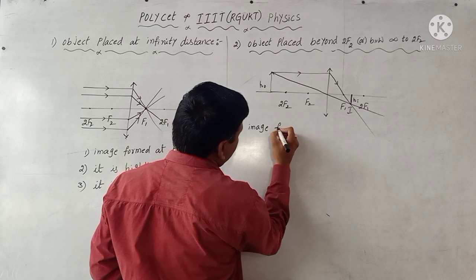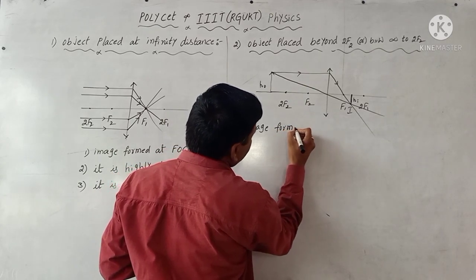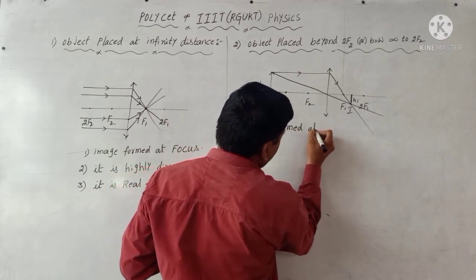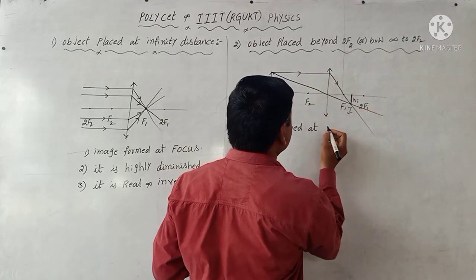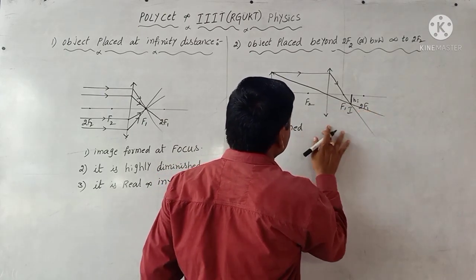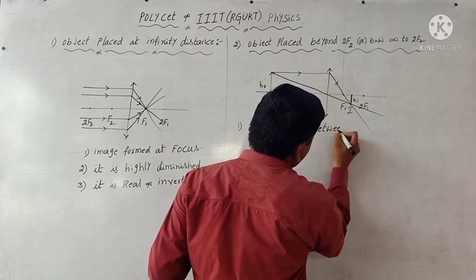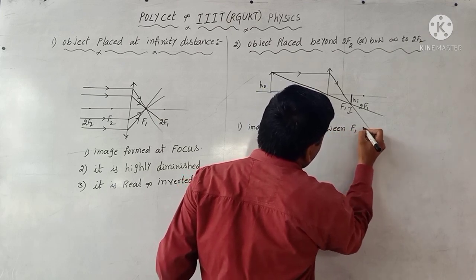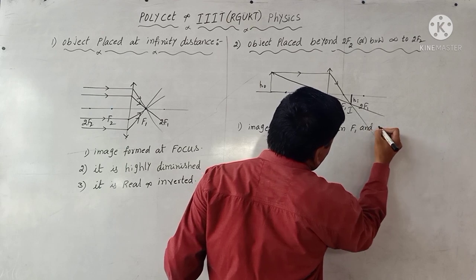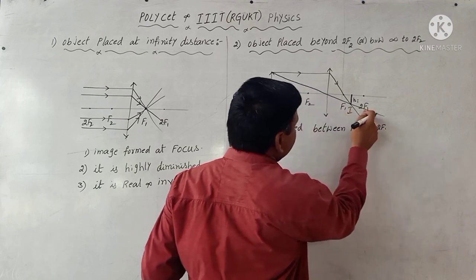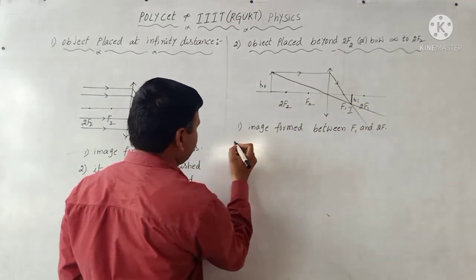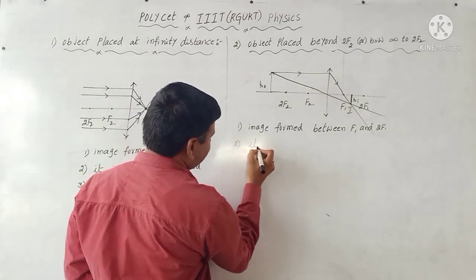So where is the image formed? Image formed between f1 and 2f1. Between f1 and 2f1, it is diminished.